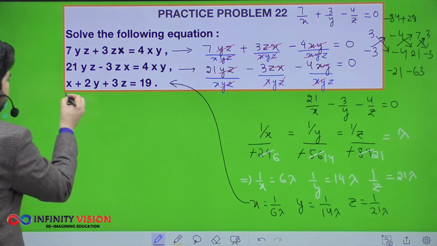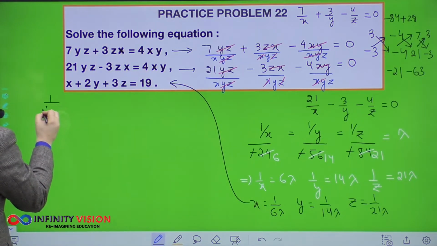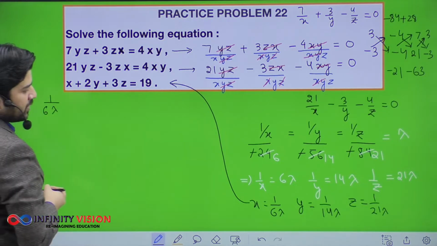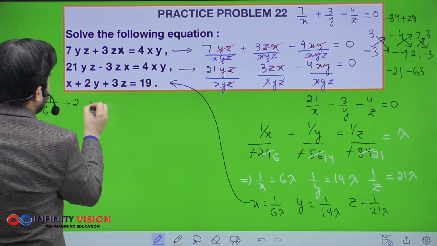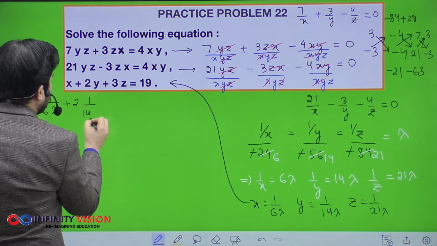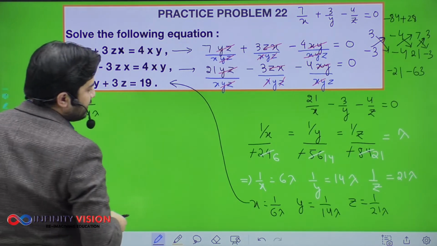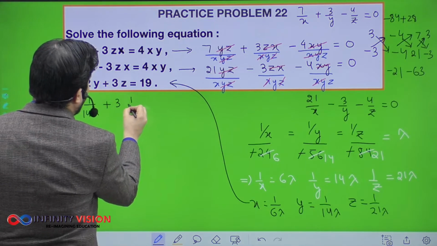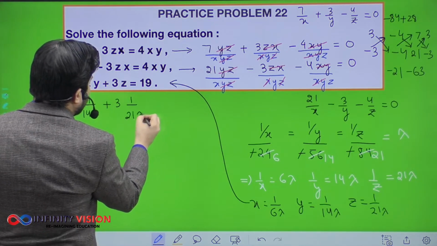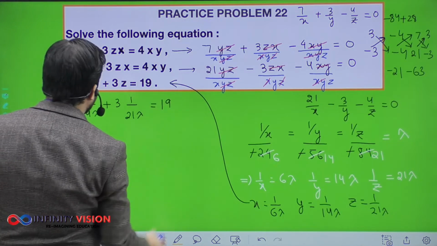So x would be replaced by 1 by 6 lambda, plus 2y, where y would be replaced by 1 by 14 lambda, and 3z, where z would be replaced by 1 by 21 lambda, and all of these are equivalent to 19.